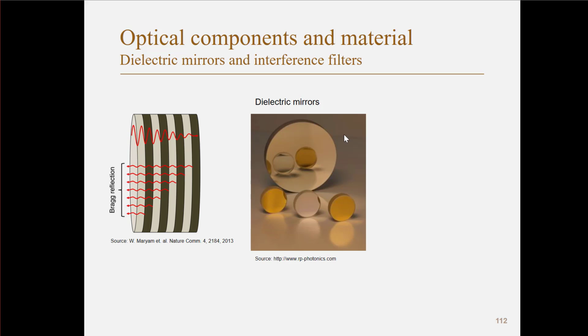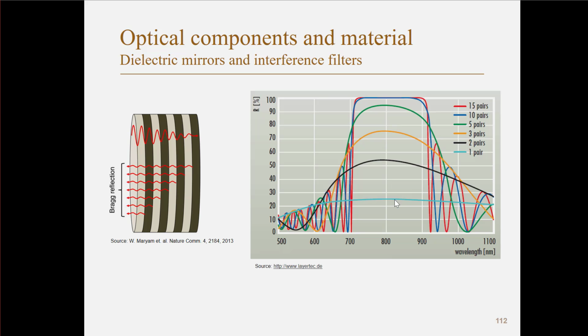And here we have some examples of dielectric mirrors. If you want to tailor the performance of your mirror, you have to have several layers. You can see here, if you have one pair, you start off with very low reflectivity, and then as you go up and have 15 pairs, you have very high reflectivity over a broad wavelength range.